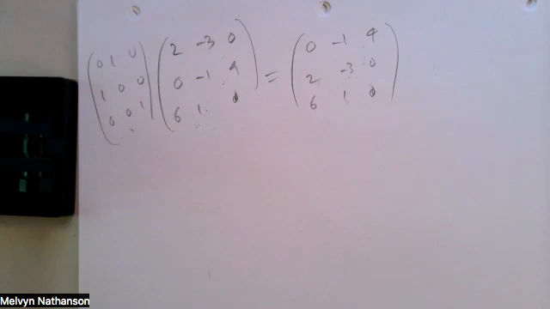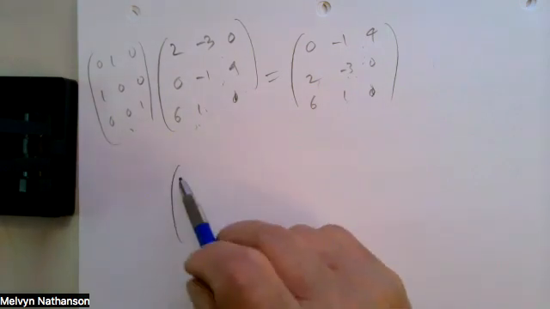So in general, multiplying a matrix by an elementary matrix gives you the matrix, which is changed by exactly the elementary row operation that you did to the identity to start with.